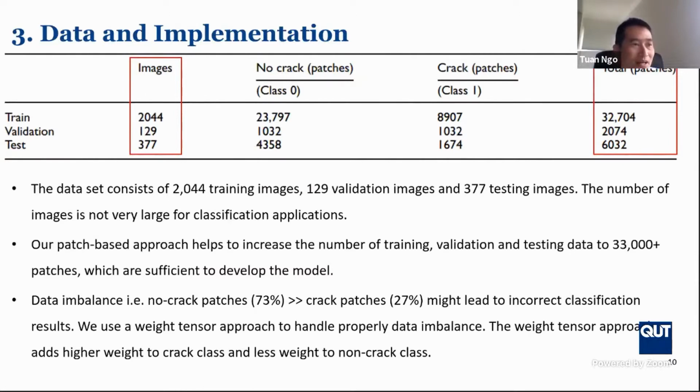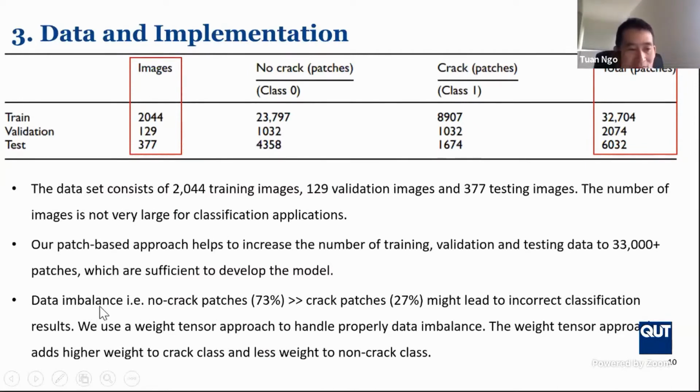So we have in total about 2,000 images to train the model. We also have about 129 validation images and about 300 classification testing images. You can see the number of cracks and non-cracks.